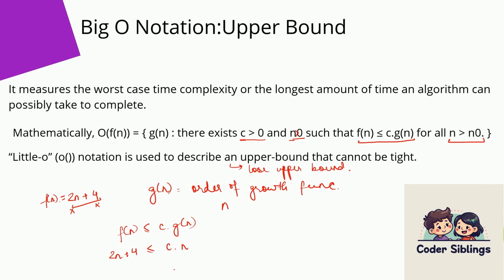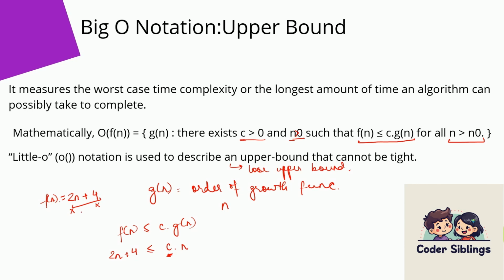Now for the matter of c, when we are finding the big O notation, what we do is take the constant as 1 plus the coefficient of the highest term.